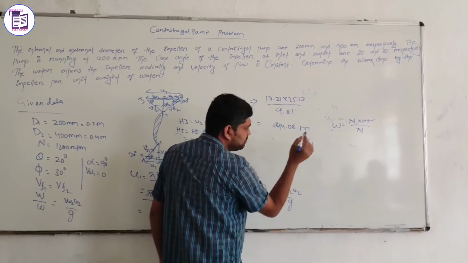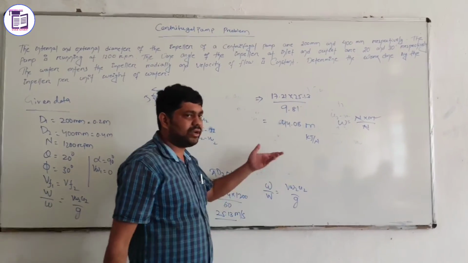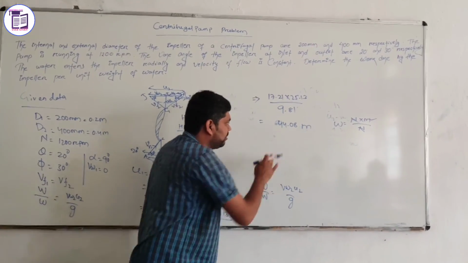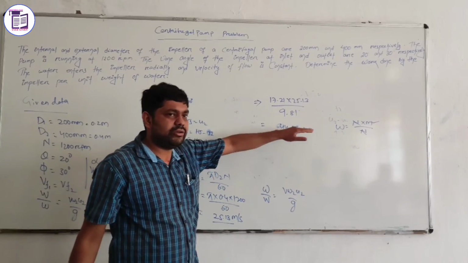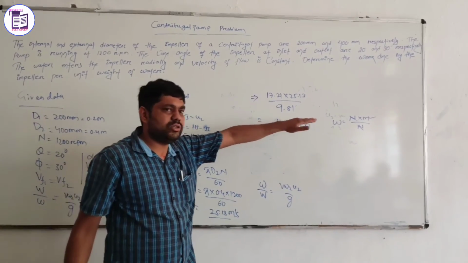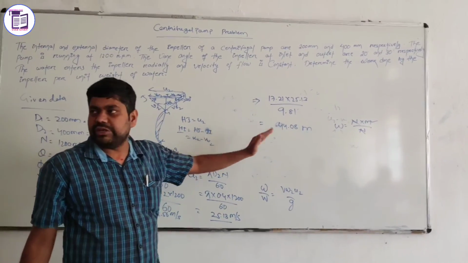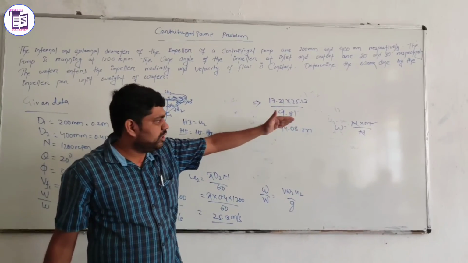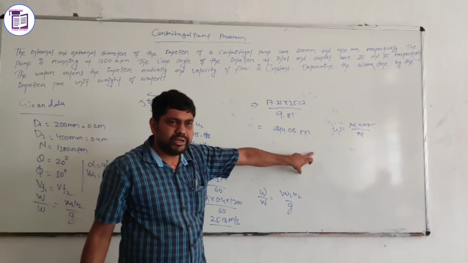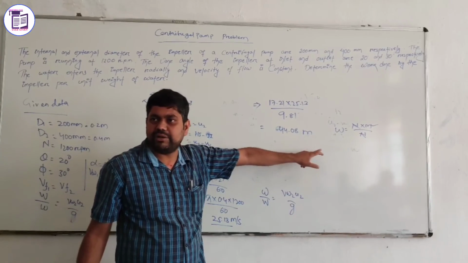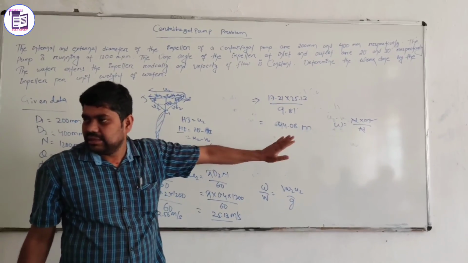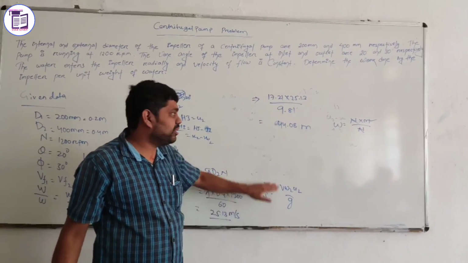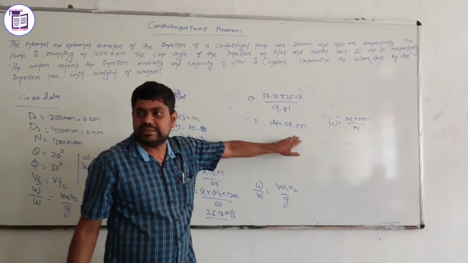Whatever way you write it, the unit is meter, because the work done unit is joule, that is Newton into meter, and the weight unit is Newton. So Newton meter by Newton you can write as meter. So this is the value of work done per unit weight, that is 44.08.